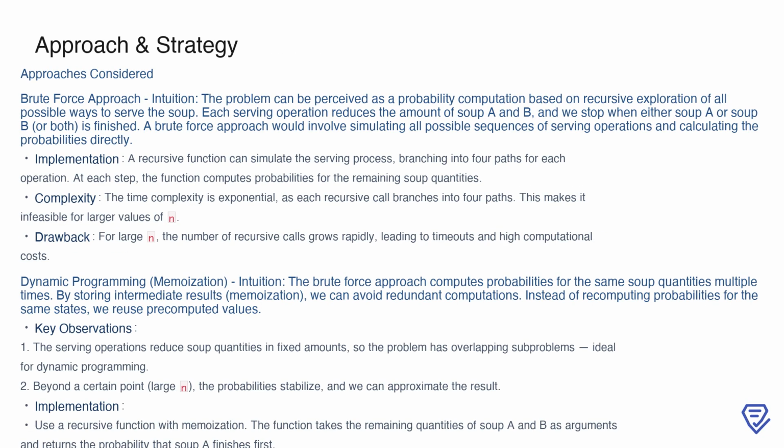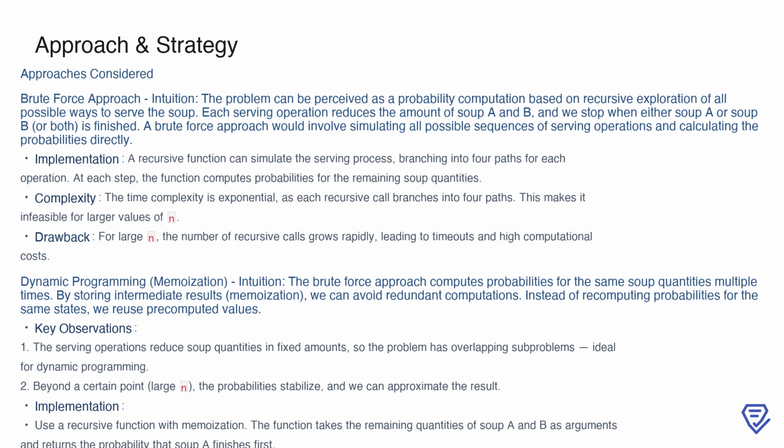To tackle the soup servings problem, we first consider a brute force approach. The idea here is to explore all possible sequences of serving operations. Each serving operation reduces the quantities of soups A and B by fixed amounts, and the process stops when either soup A or soup B, or both, are completely finished. This can be implemented using a recursive function that branches into four paths for each serving operation.